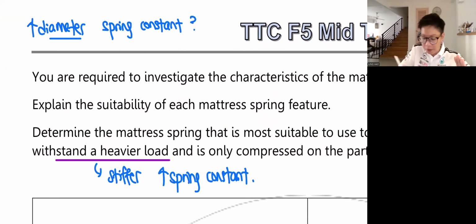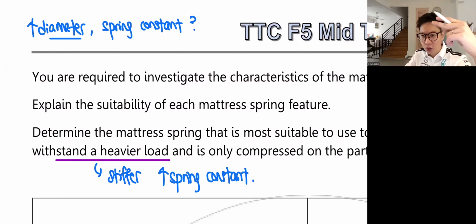What happens to my spring constant? If my diameter starts to increase, will my spring constant increase or decrease, guys? Faster, say. You say first.